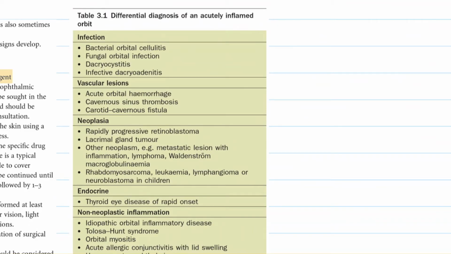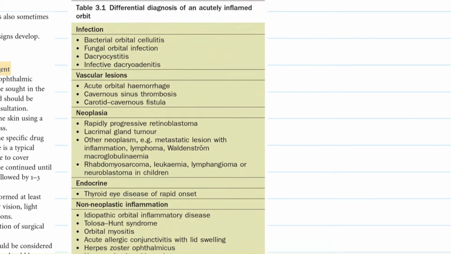Now there are a lot of other reasons also where you could have an acutely inflamed orbit. It's not always orbital cellulitis as the go-to. So looking at them, it could be an infection like a bacterial or a fungal infection. You could have vascular lesions, which could be a CST or a CCF.